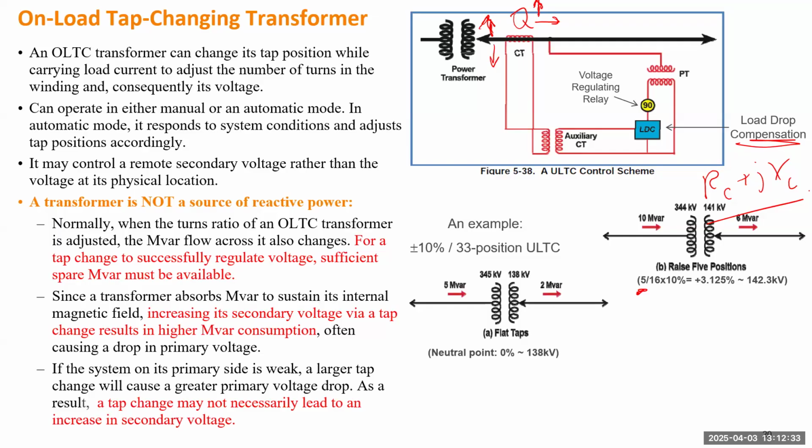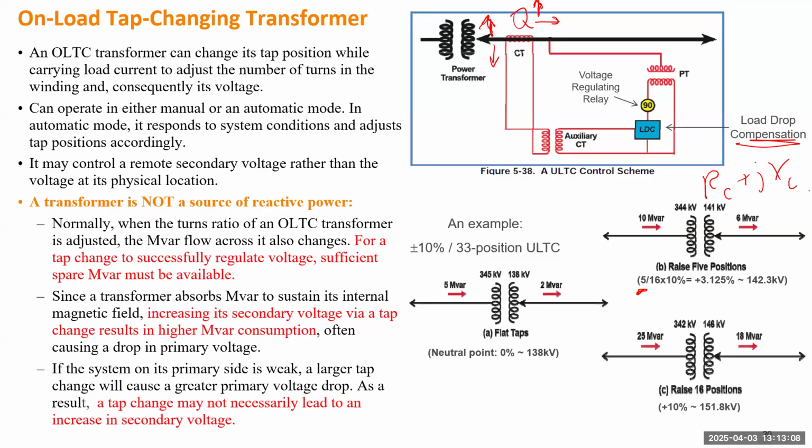But when you implement this tap changing, you definitely get more reactive power on the secondary side, but it's not as much as you really want. The secondary side will only reach up to 141 kV, slightly less. And now the load consumes 6 megawatt. The source provides 10 megawatt, and the transformer itself will take 4 megawatt. It will charge more.